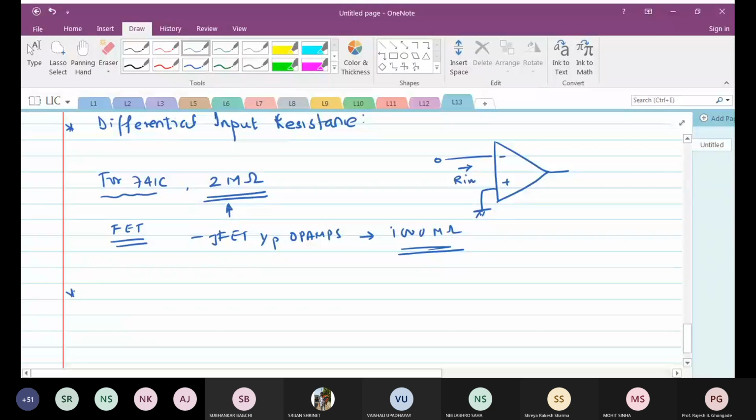Another important factor is the input capacitance. This input capacitance Ci is the equivalent capacitance that can be measured at either the inverting or the non-inverting terminal with the other terminal connected to ground. So in a similar way, one of the terminals is connected to ground.